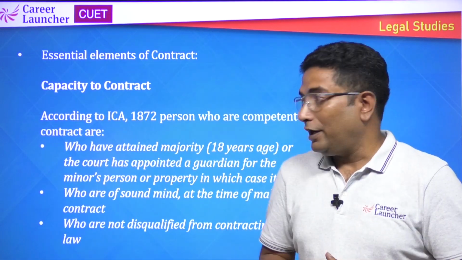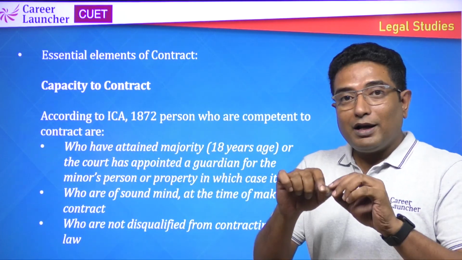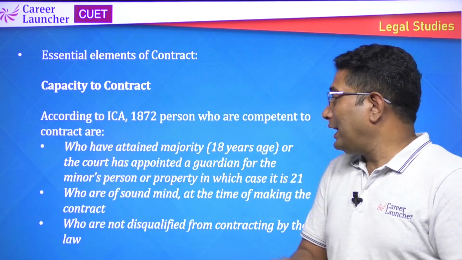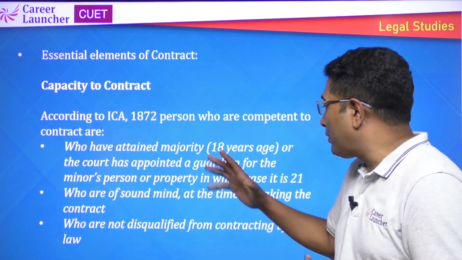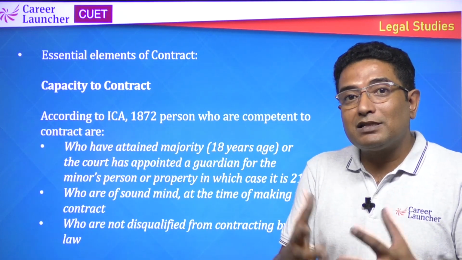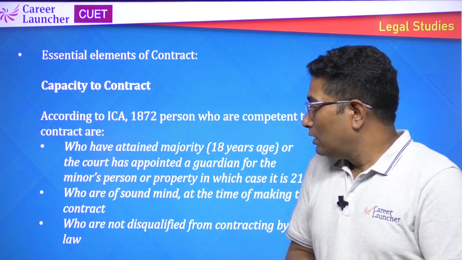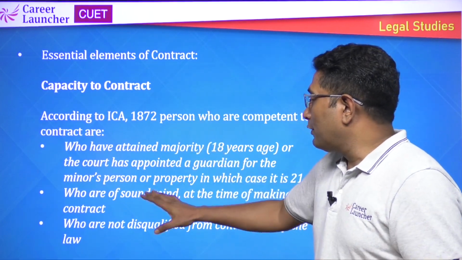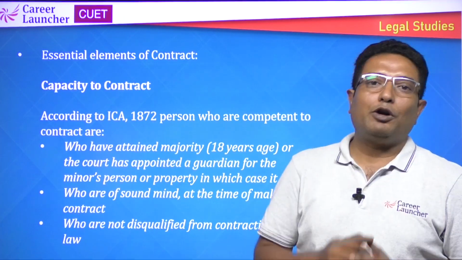You are no longer a minor. So people who have attained majority, or where court has appointed a guardian for the minor's person or property, in that case, the age is 21. People who are of sound mind at the time of making the contract.